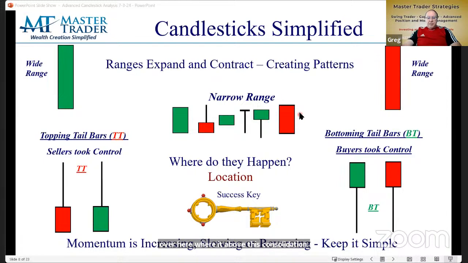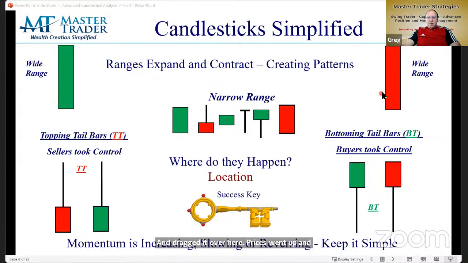The close could be on the top of this bar, or it could be closing below the red bar. So there are different degrees as to how bearish that gap would be. So if I took this one, as you're asking, a gap up reversal, or I took this topping tail bar and dragged it over here, prices went up and they came back down again.